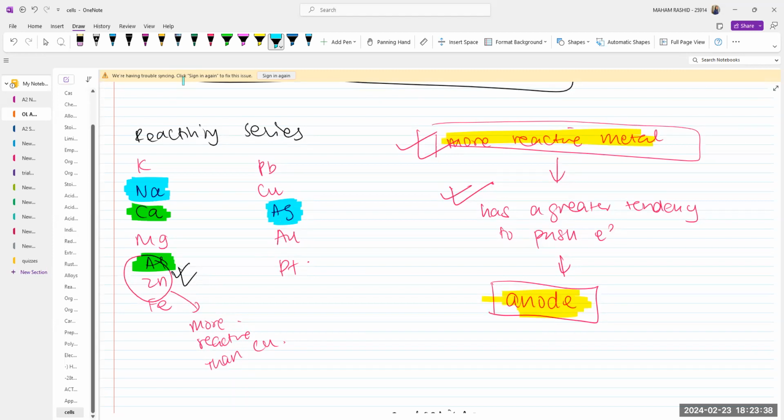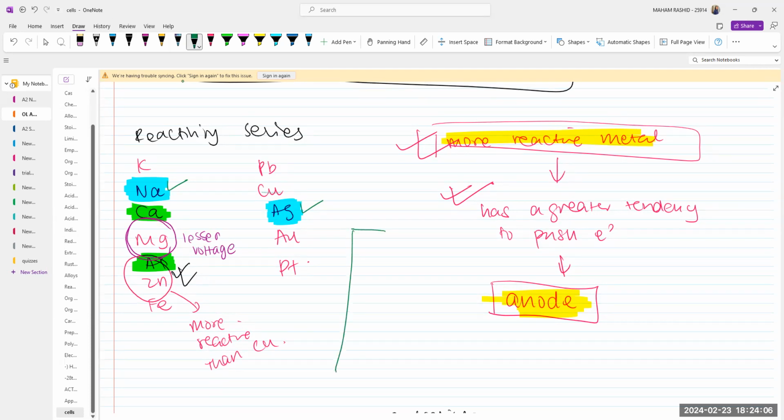The more the distance between the elements in the reactivity series, the more the voltage generated. So these two have just magnesium in between them, right? This will have a lesser voltage compared to when I keep sodium and silver together in one electrochemical cell. You get my point?